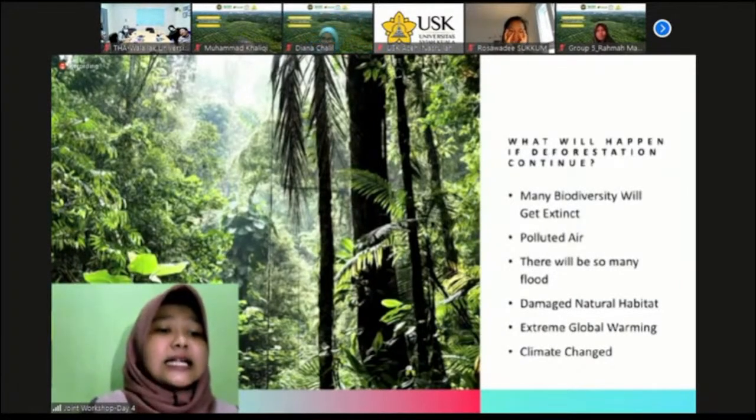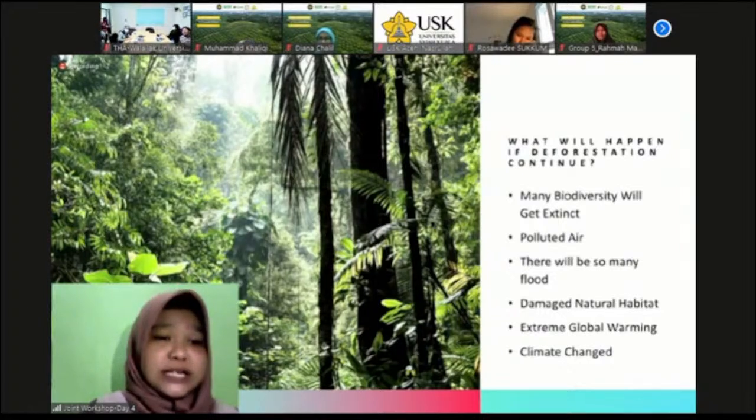Second is air pollution caused by wildfire burning and frequent deforestation, which results in not much oxygen being obtained by animals and humans, so that many living things die.